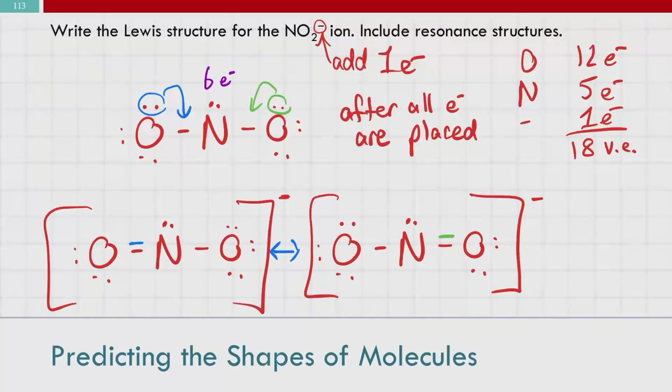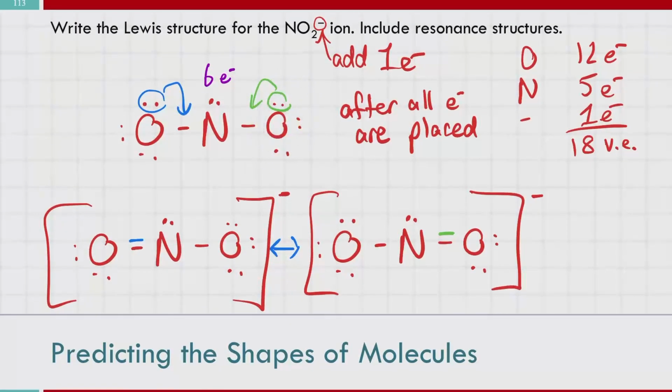I don't know that it really matters, but I add from the outside in. So we'd add to the oxygens first, we'd have 2 left over, we'd put those on the nitrogen, and then it's double bond time. There's other ways that you can come up with Lewis structures. You don't necessarily have to use this method, but this method works.